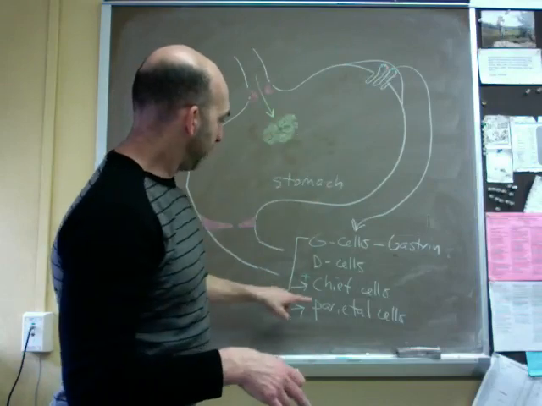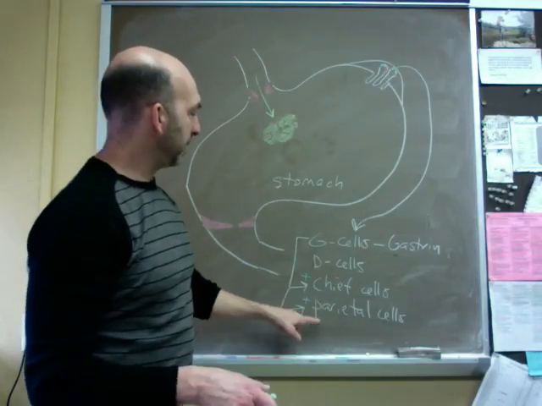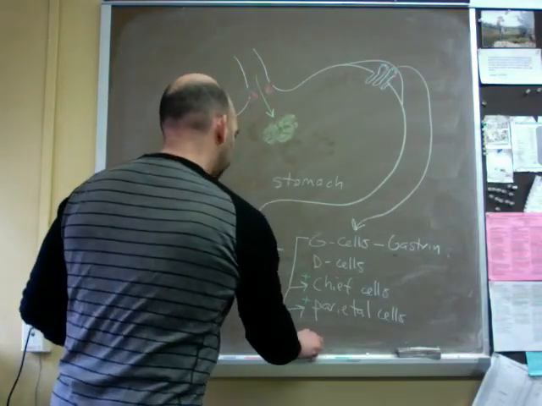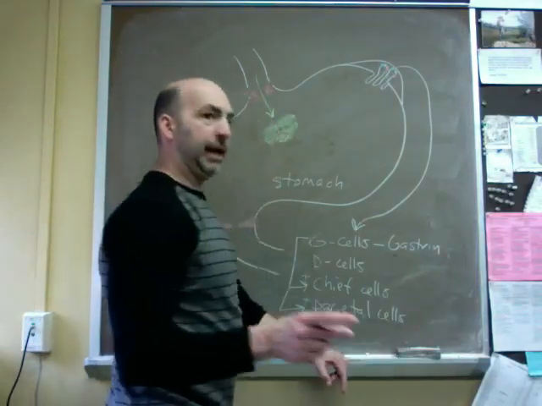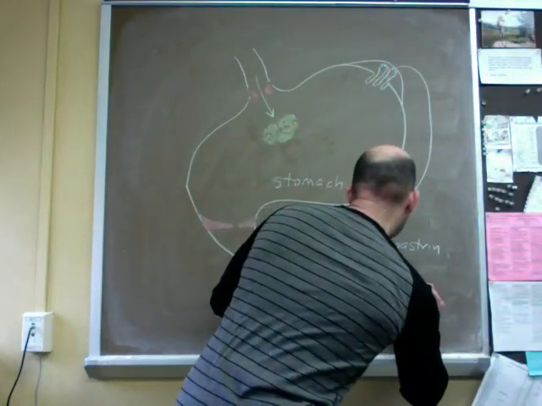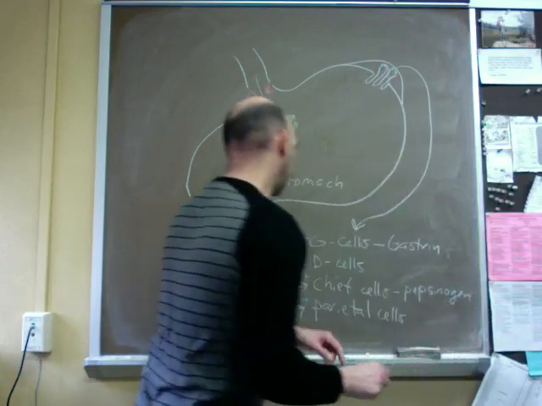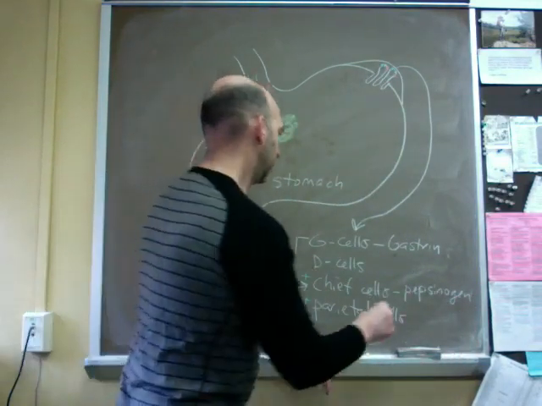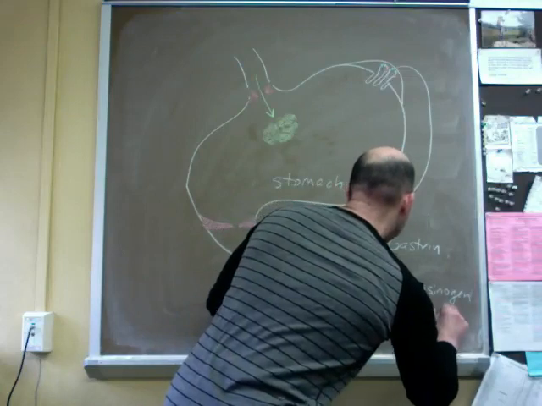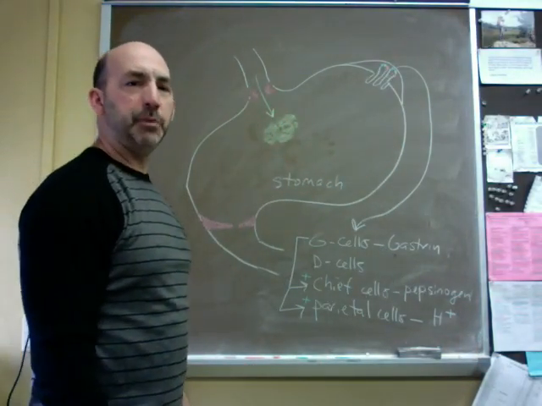In the stomach, its chief function, no pun intended, is tied to the chief cells and the parietal cells. Well, the chief cells produce a zymogen called pepsinogen. And the parietal cells release, largely, acid, H+.